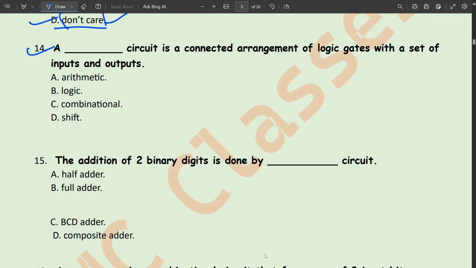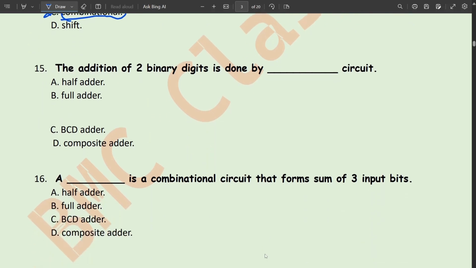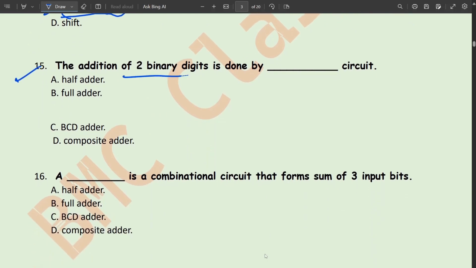Next, a circuit is a connected arrangement of logic gates with a set of inputs and outputs. The answer will be combinational. Option number C is correct. Next, the addition of two binary digits is done by which adder?